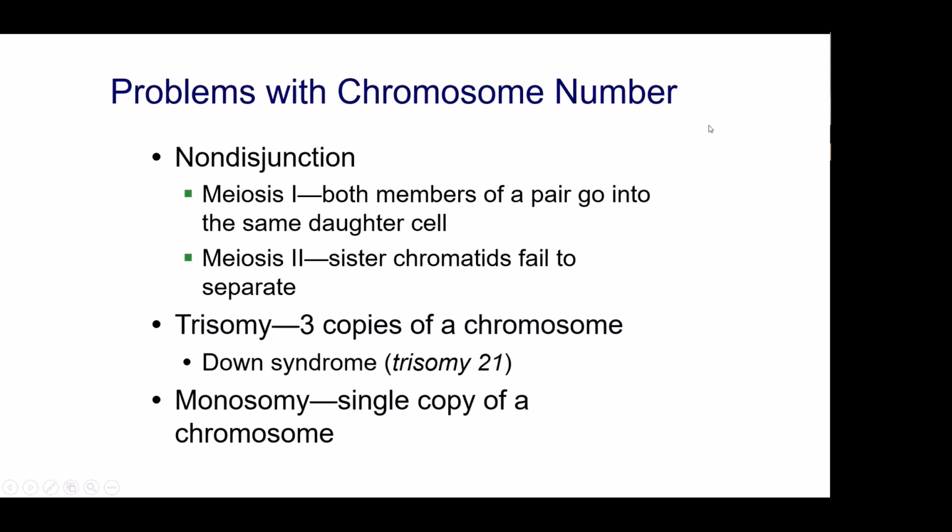So one example of this non-disjunction, which occurs during meiosis 1, is trisomy 21, where there are 3 copies of chromosome 21.